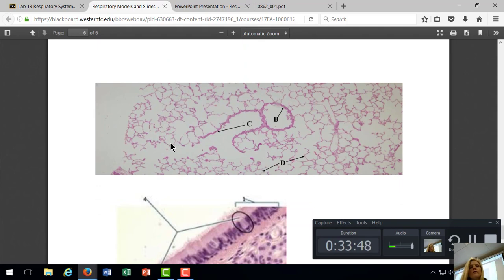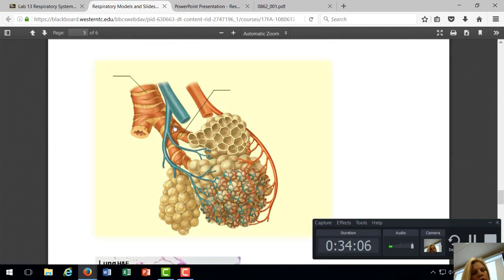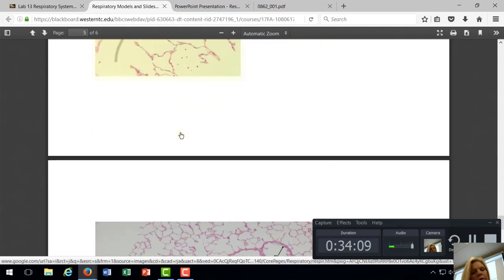Here's another view of the lung. We can see all the alveoli here, all these little round circular structures of simple squamous epithelium. What would we call this passageway here? Yep, alveolar duct. But then it gets thicker here because there's that smooth muscle layer, which is being stained on this slide.